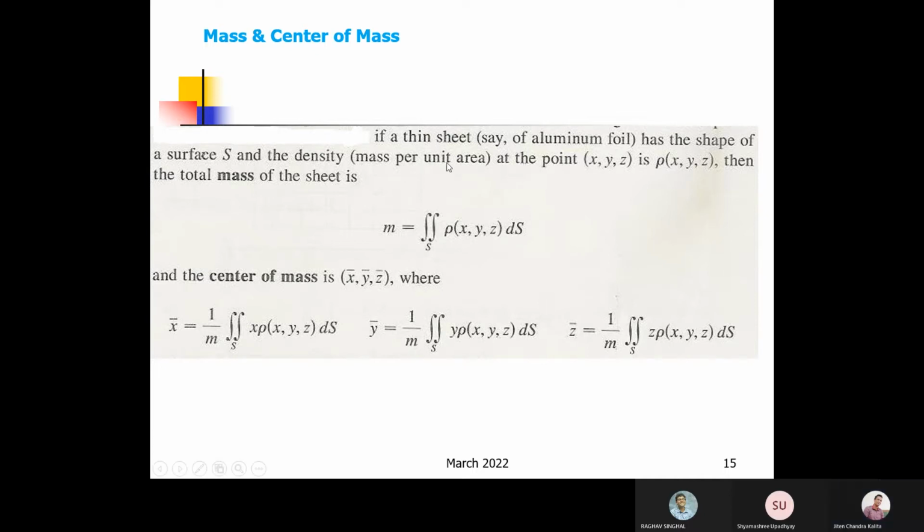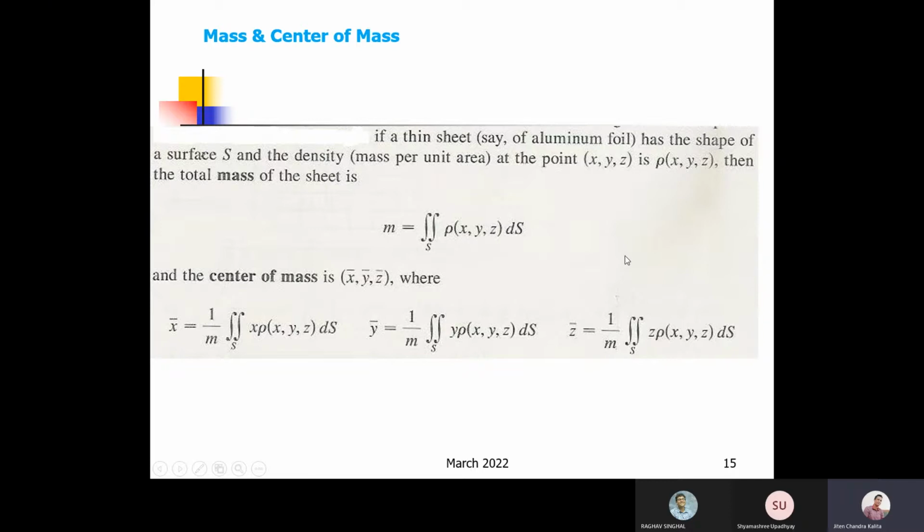If a tin sheet, like say aluminum foil, has the shape of a surface S and density, that is mass per unit area, at the point (x, y, z) is rho of x, y, z, then the total mass is simply what you get by integrating the density function over that surface. And the center of mass is given by this other formula. This is going to come into the picture again, hopefully today itself.